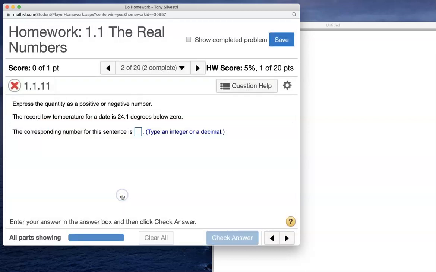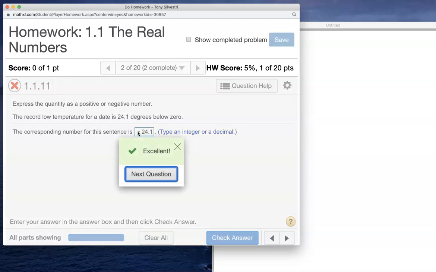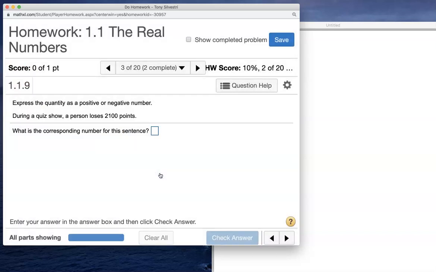So let's do a similar question. They're saying the record low temperature for a date is 24.1 degrees below zero. So that must be negative 24.1 degrees. Right there, I got it right. So don't worry about the things you got wrong. This correct answer overrides the problem. See, I got a little check mark there. That went away.